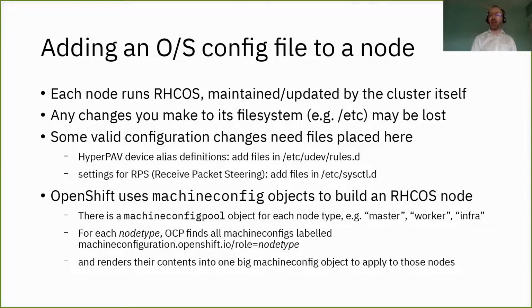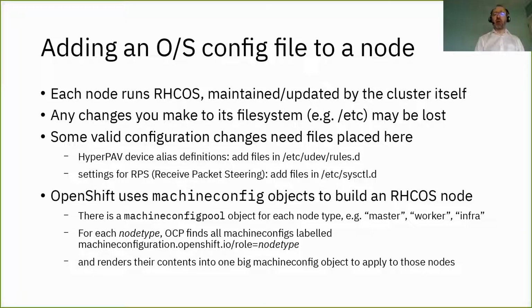The cluster does it all for you. And as a result of that, any changes that you make to the file system, if you go in and put something in /etc somewhere, it can easily be lost the next time it does an update. On the other hand, some configuration changes that you need to make do need to drop files into there. And so, when you look at the OpenShift pages and it says, for Z enable HyperPAV, well, how? Okay, well, here's how.